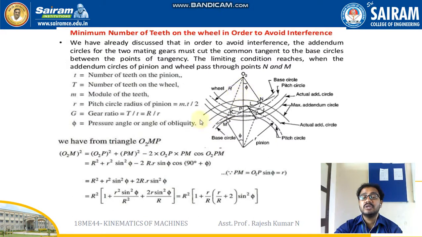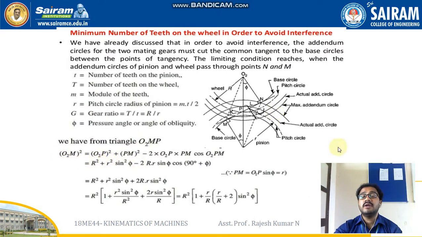And since there is a pressure angle, O2M square will be equal to PM square plus O2P square, minus, because it is mating with the pinion, 2 into O2P into PM into cos of angle O2PM. This is the triangle equation we need to remember, which is equal to O2M whole square.